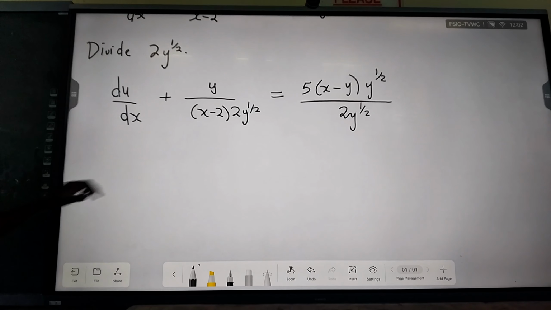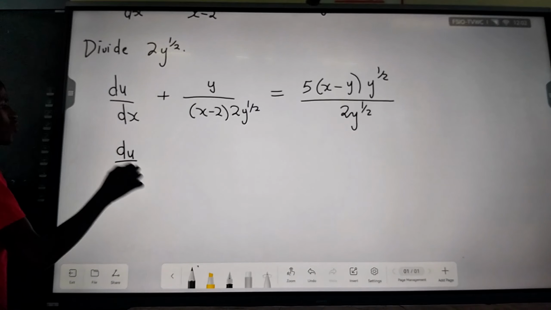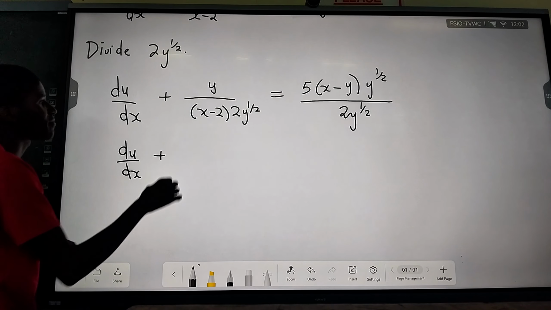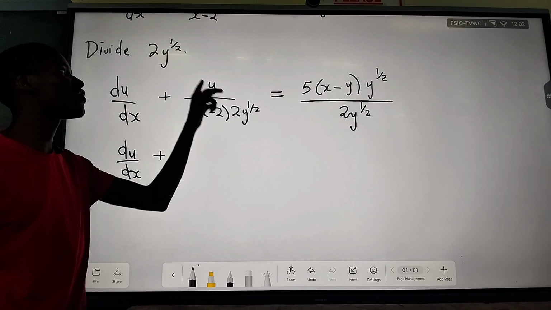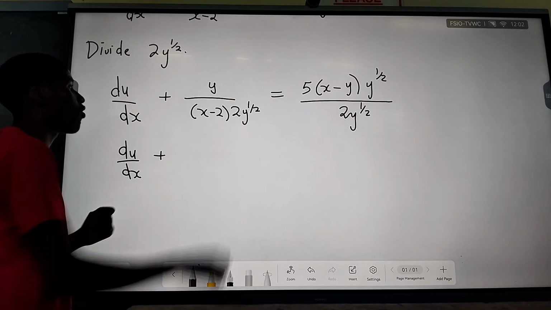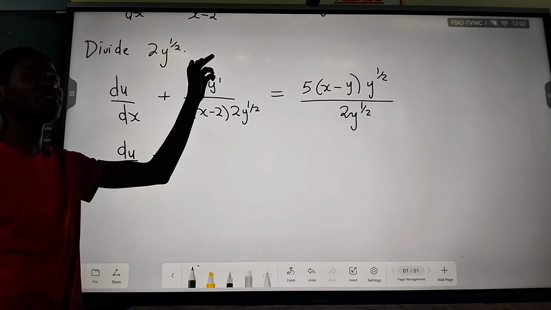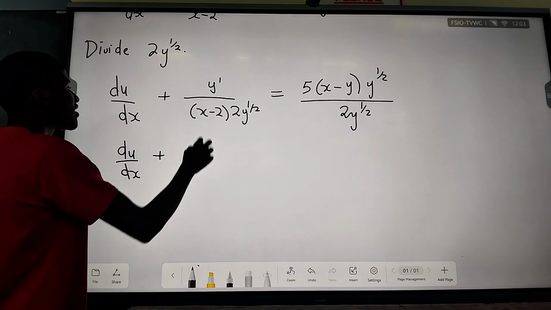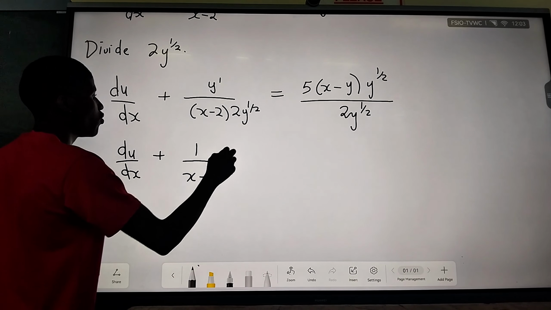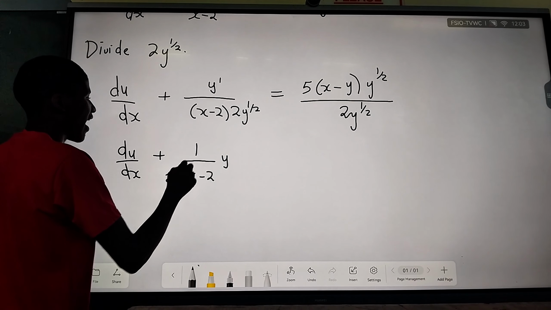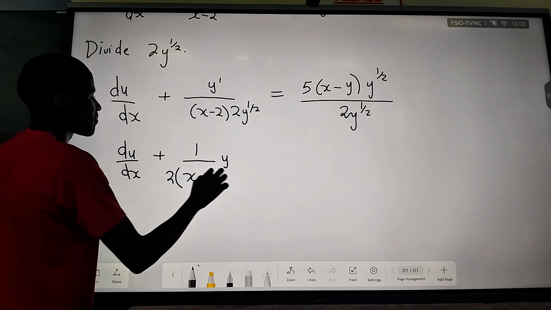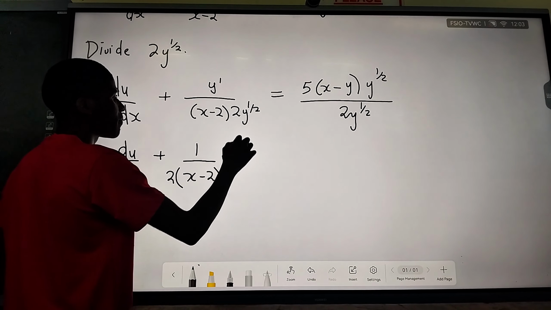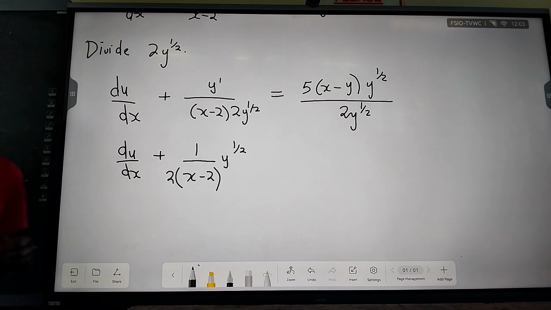So as I simplify it, this is du/dx plus, if we simplify, y over y to the power half gives y to the power of 1 over 2.